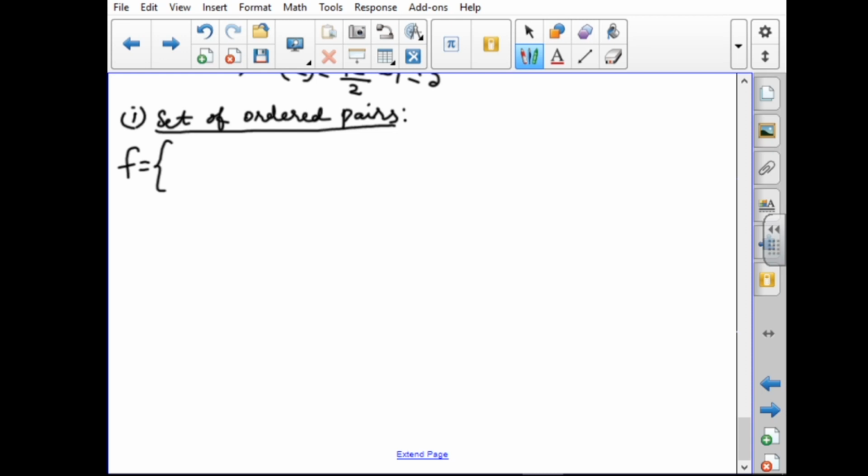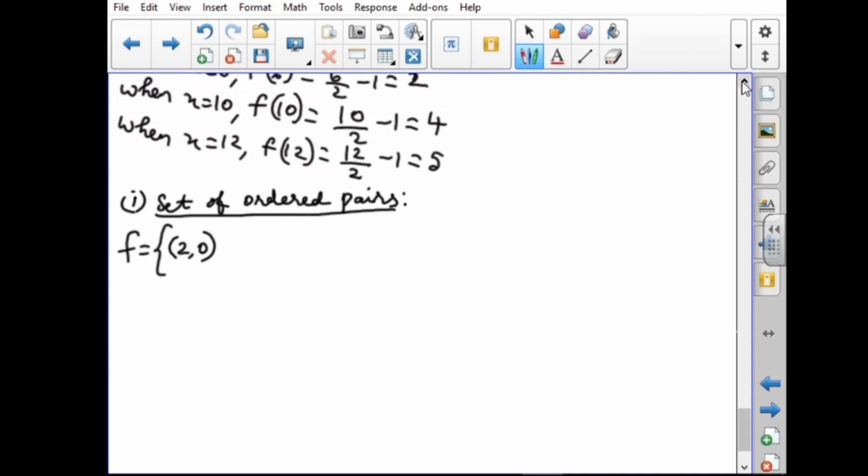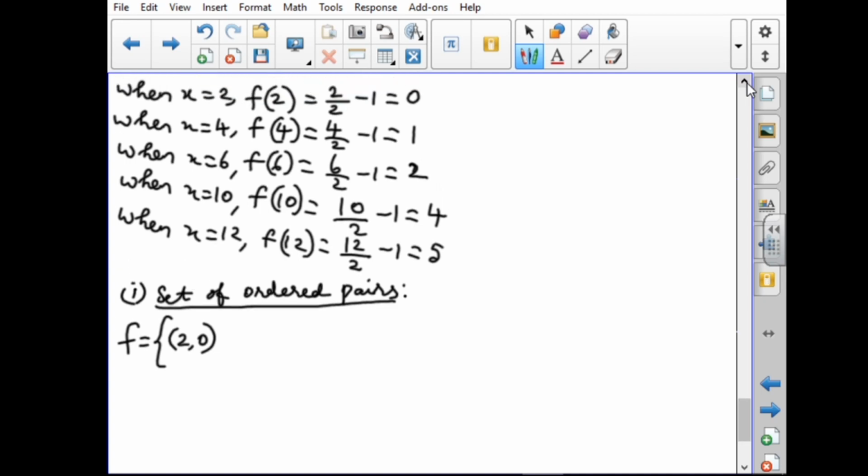First, the x value is 2, and the f of x value is 0. So 2 comma 0.